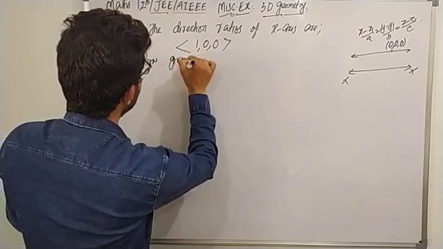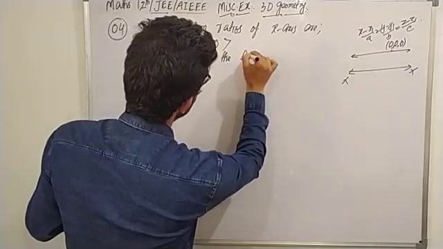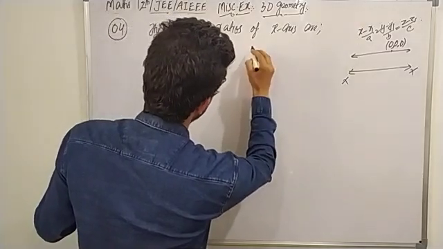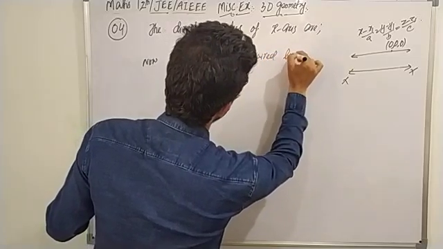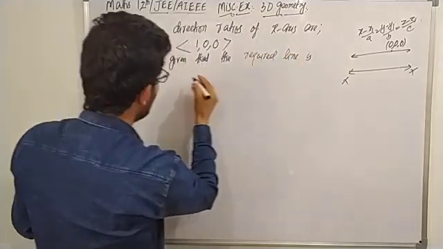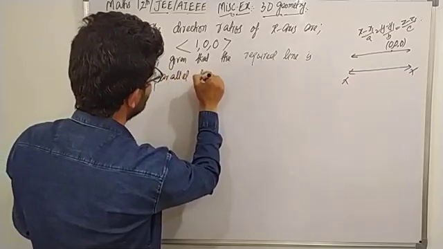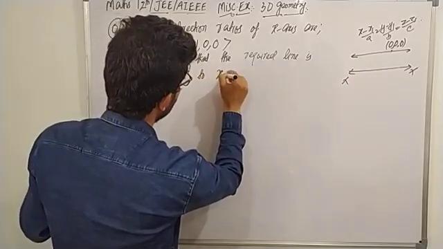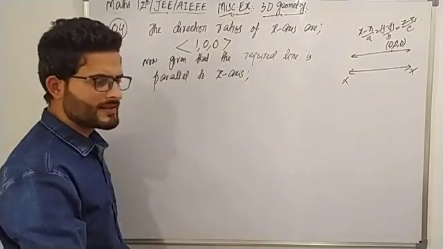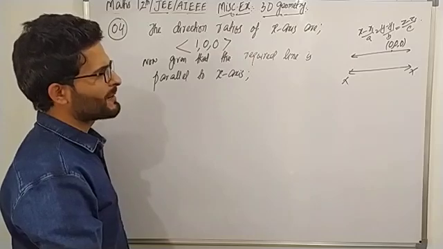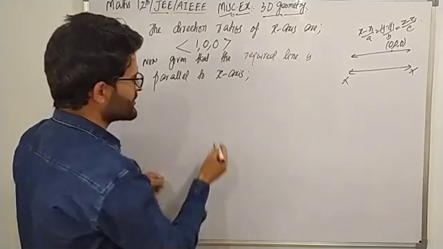Now, given that the required line is parallel to x-axis, जब required line और x-axis आपस में parallel है, so parallel lines have same or proportional direction ratios.